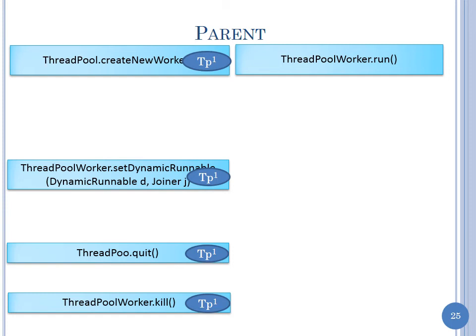I was thinking that it's run, and that's the run function, so the thread pool worker is the runnable. That's the master runnable, the dispatching runnable.